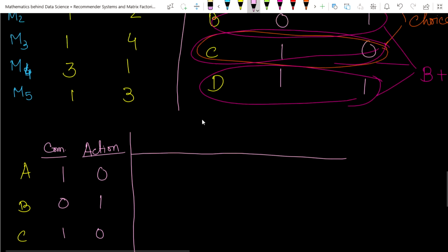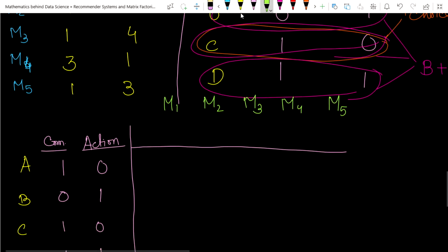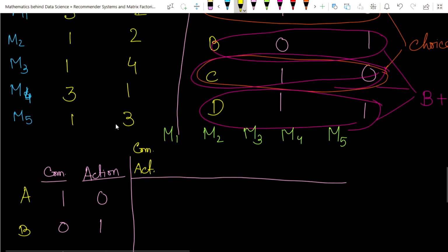Now here we have two features of each movie. Suppose we have 5 movies: movie 1, movie 2, movie 3, movie 4, movie 5. For each of the 5 movies we have two features, comedy and action.